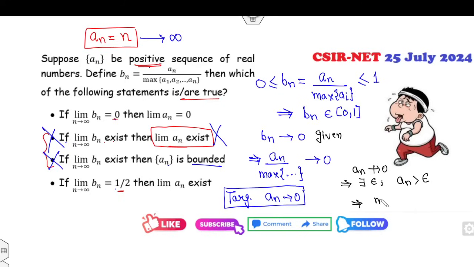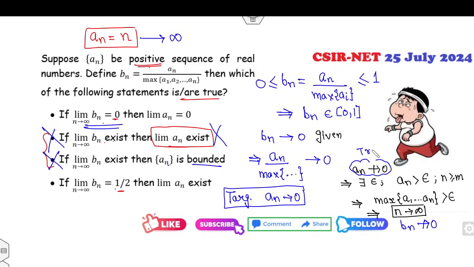Once it is greater than epsilon, the maximum of a_1 up to a_n will also be greater than epsilon. So if I choose n to be a very large number, b_n does not go to 0, but it is given that b_n goes to 0. Therefore a_n not converging to 0 is not true. So this condition will be satisfied.